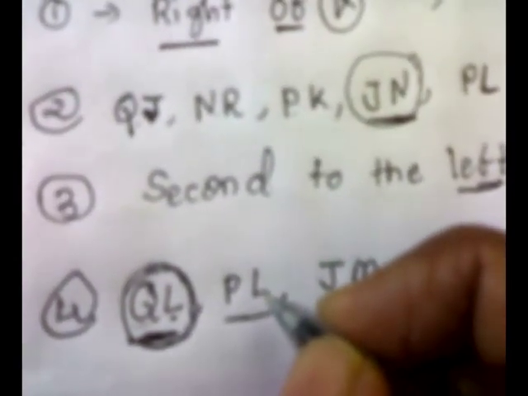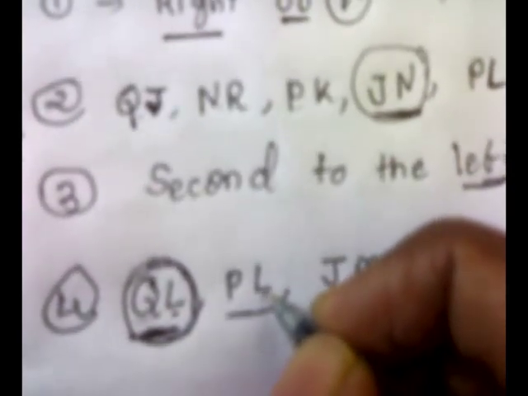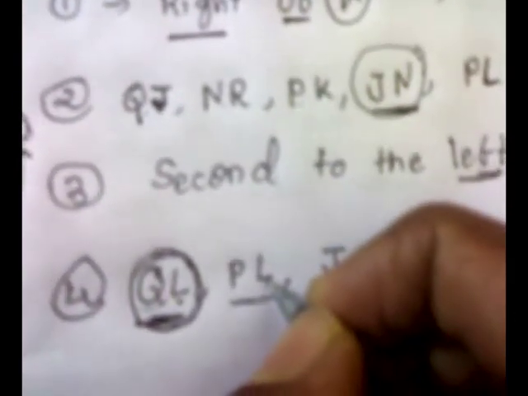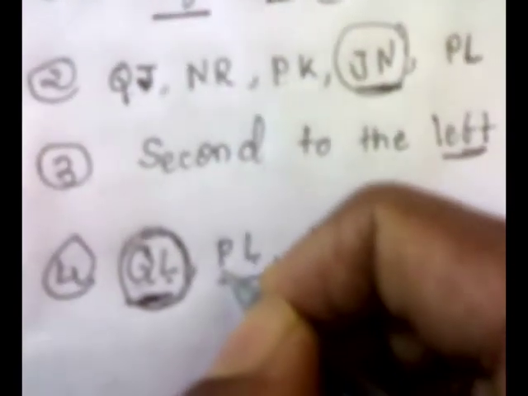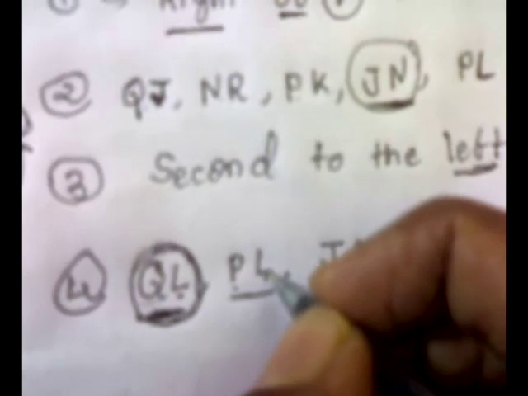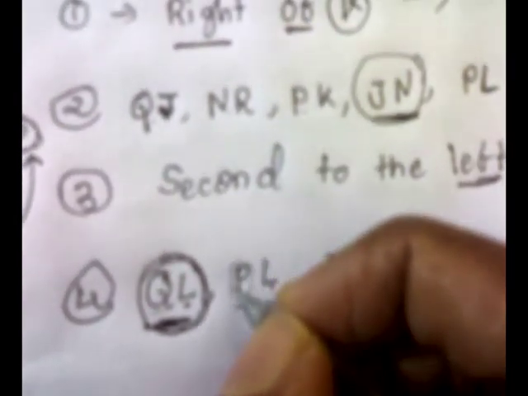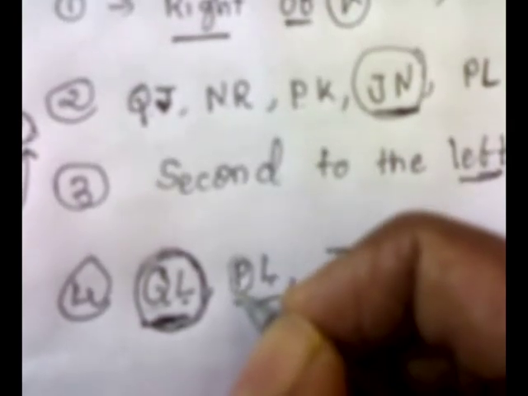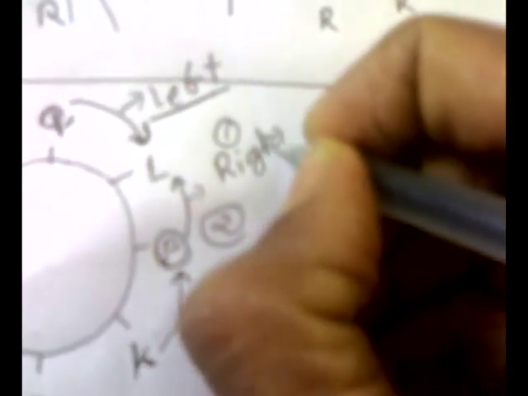For the second option, in this option also we have to find out if the second person, L, is sitting immediate left of the first person, that is P. So we have to find out if L is sitting to the immediate left of P. Left of P means the letter followed by of is P. P is here, and to find out the relation between P and L, we have to move in an anti-clockwise direction from P to L. Now we have moved in anti-clockwise direction, so it will be denoted by right.